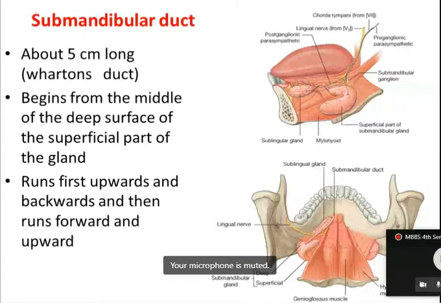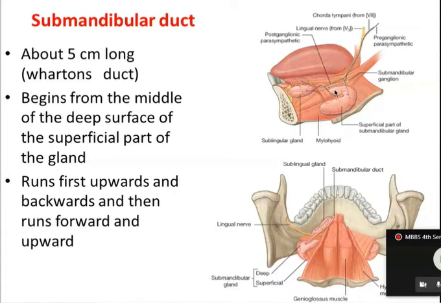Talking about the submandibular duct, the secretion of the submandibular salivary gland from the superficial and the deeper part is carried by the submandibular duct. It is about 5 centimeters in length and is known as Wharton's duct. It begins from the deeper part and the superficial part of the gland, and runs first upward and backward and then runs forward and upward.